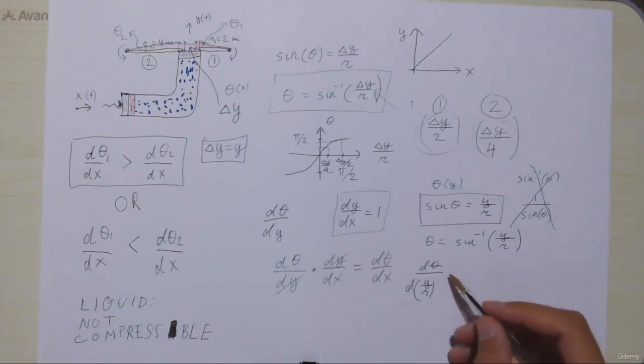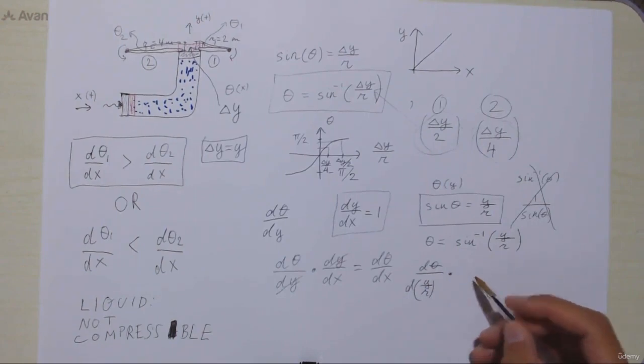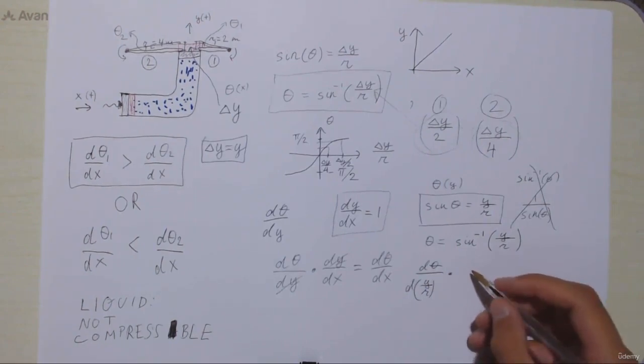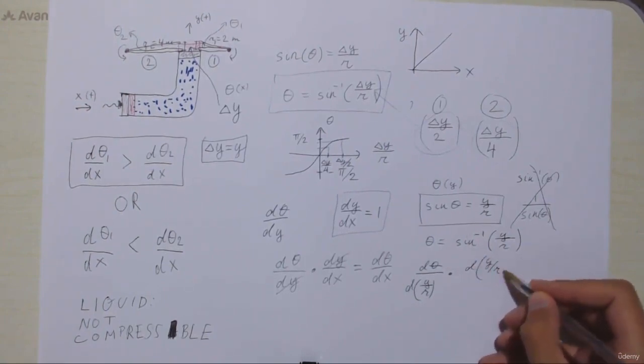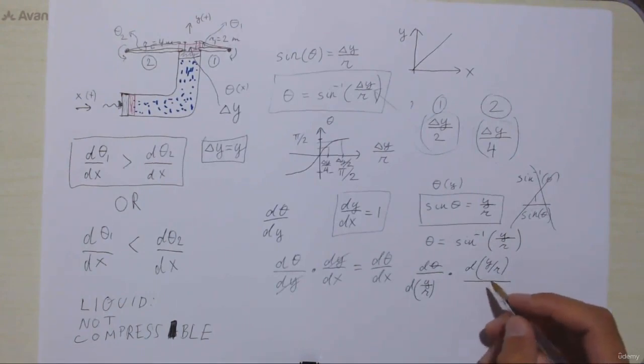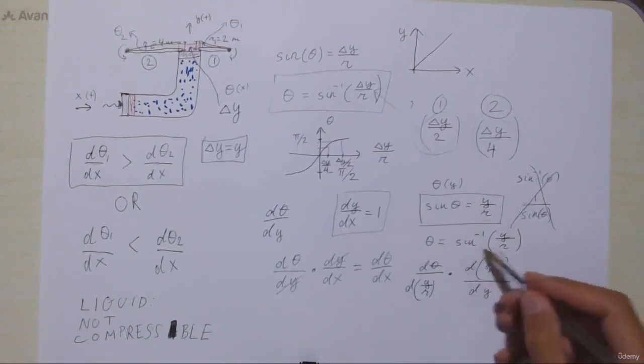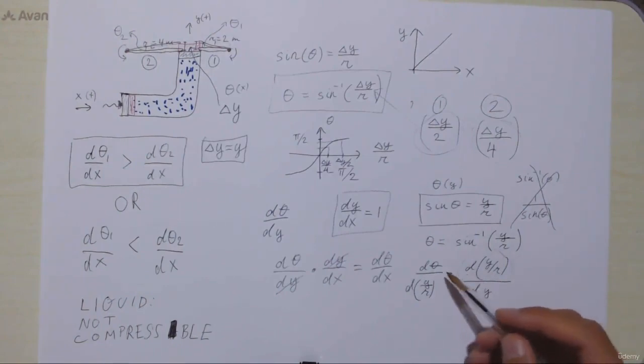So we can take the derivative of this function like this: d theta over d of y over r. And then we can use the chain rule. We could find some kind of expression that would give us d y over r, and then we would have dy here. And this is from the chain rule again, right?